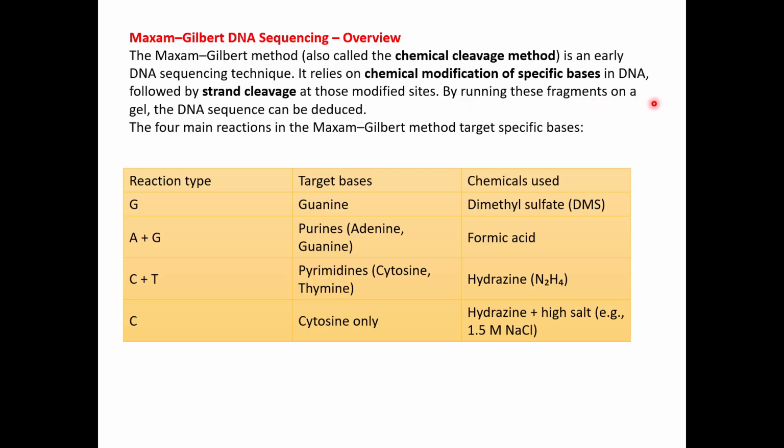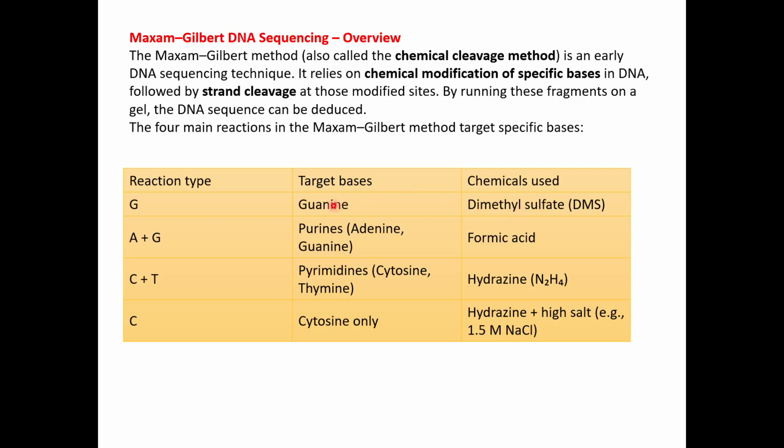By running these fragments on a gel, the DNA sequence can be deduced. The main reactions of the Maxam-Gilbert method target the specific bases G, A plus G, C plus T, and C. So the target bases are guanine, adenine and guanine, cytosine and thymine, and cytosine only. The chemical used for each is different.